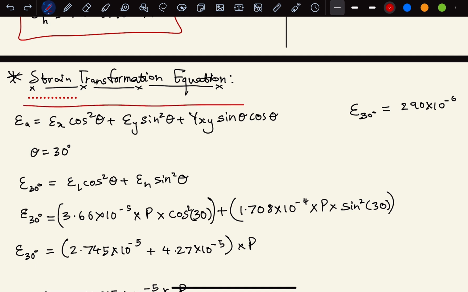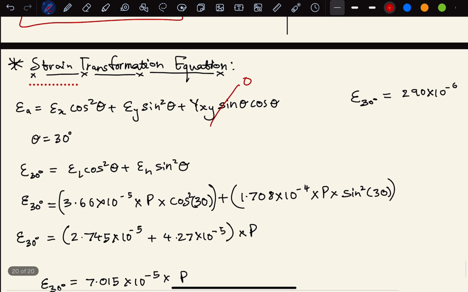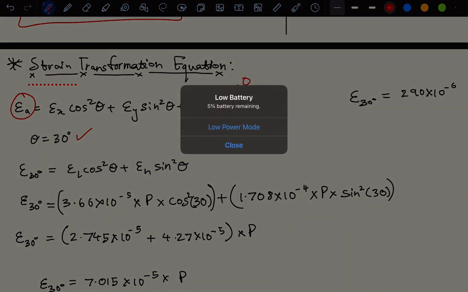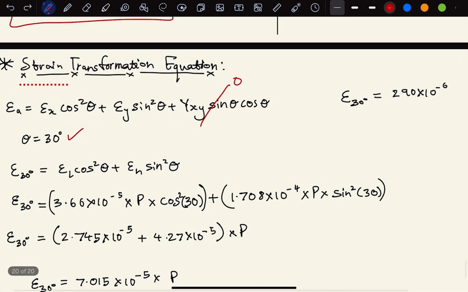So this is the strain transformation equation, but for this question we know that we do not have any shear stress, so the shear strain term will also be dropped as the value is 0, and we know it is at an angle of 30 degrees. So now we will just be using this part of the equation, and we already know the strain epsilon A, that is the given value in the question, 290 microstrains.